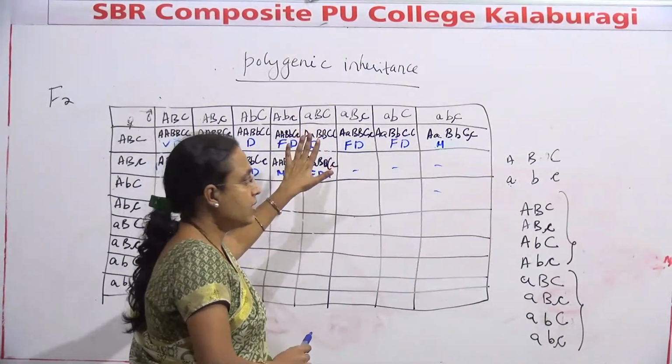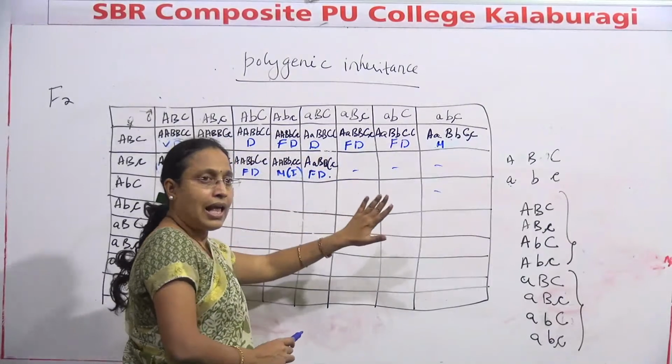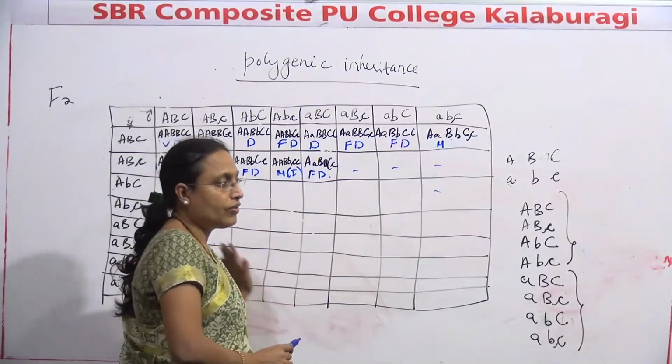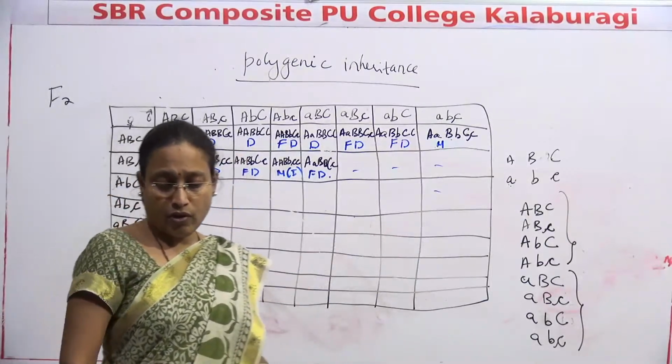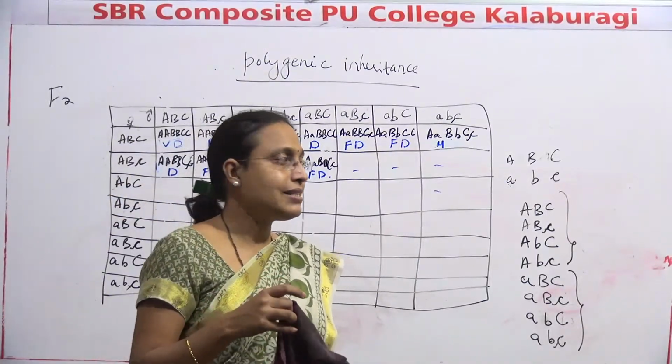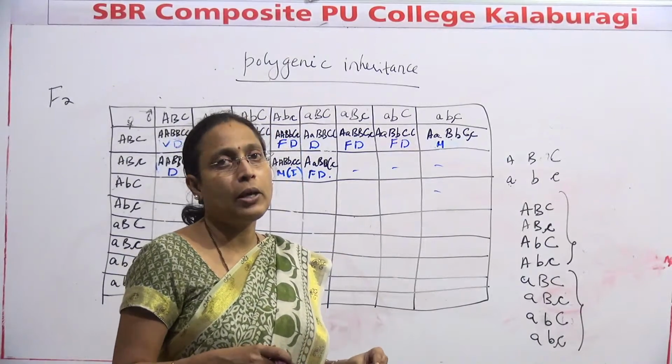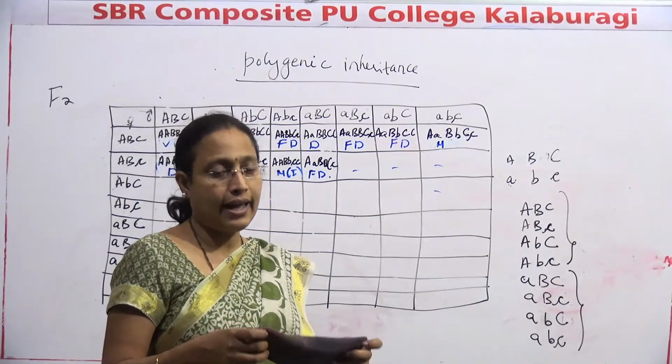So what I have shown is some procedure of how you have to fill the Punnett square. Later on, you have to identify the phenotype. Next is how to identify the phenotype in polygenic inheritance.